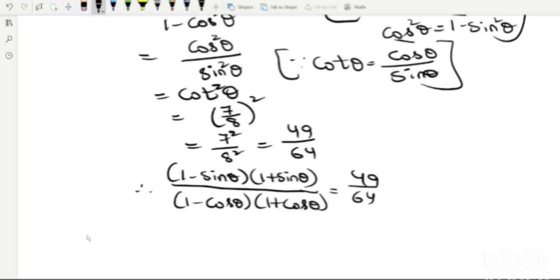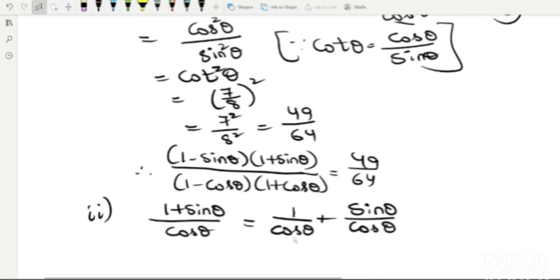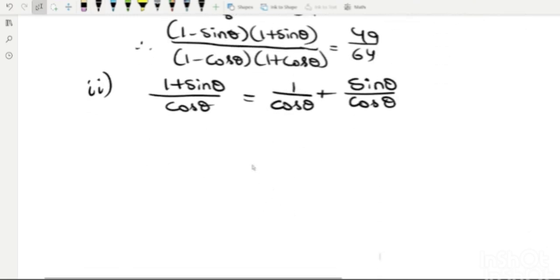This is the first one, and now let us find out the second one, which is 1 plus sine theta divided by cos theta. You can split them like 1 by cos theta, plus sin theta divided by cos theta. You know that 1 by cos theta is secant theta and sin theta by cos theta is tan theta. Let me write here.